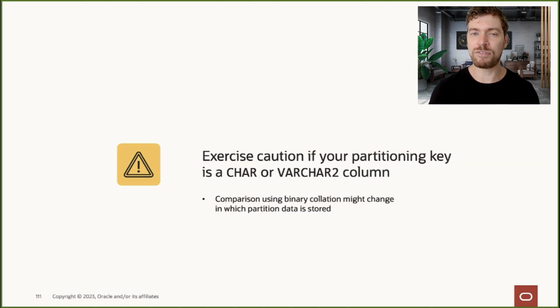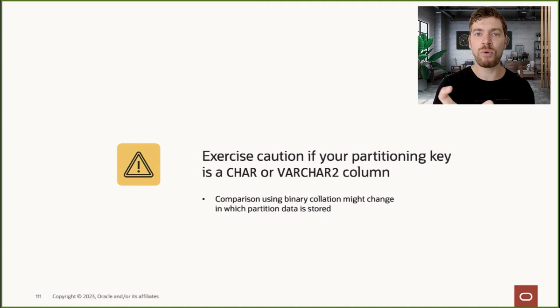Now let's talk about, for example, a partition key. This is another side effect that can happen when you move your database to a different character set. Let's say you have a range partition that compares using a string. The binary collation might change when you compare strings in a different character set.